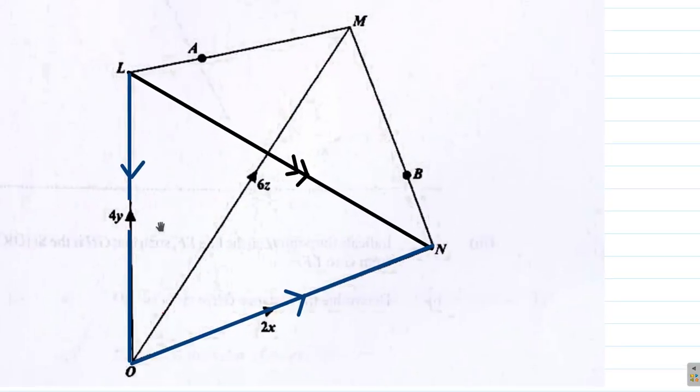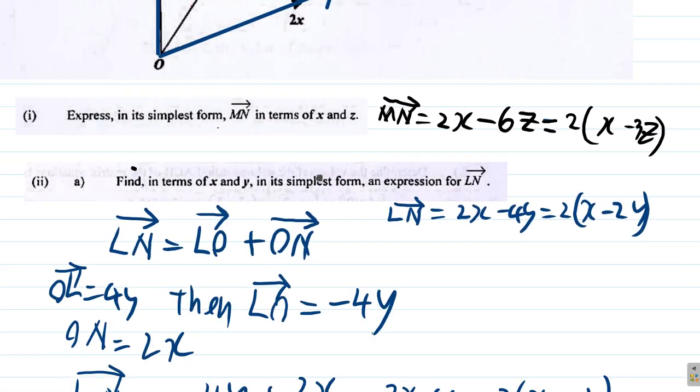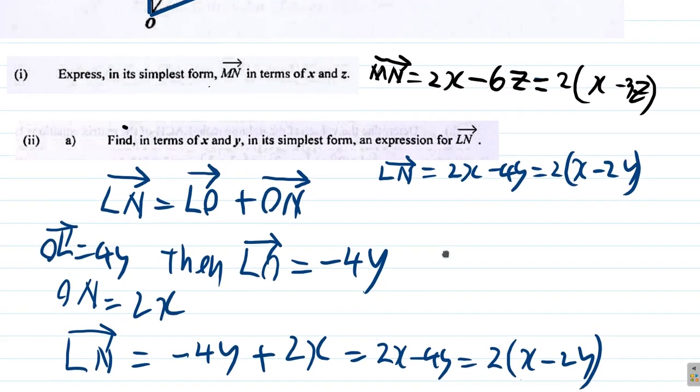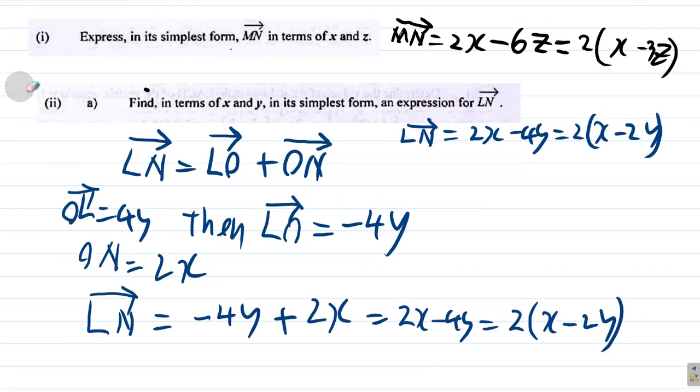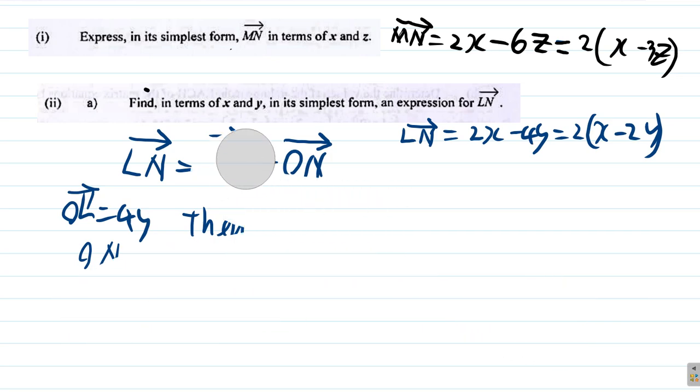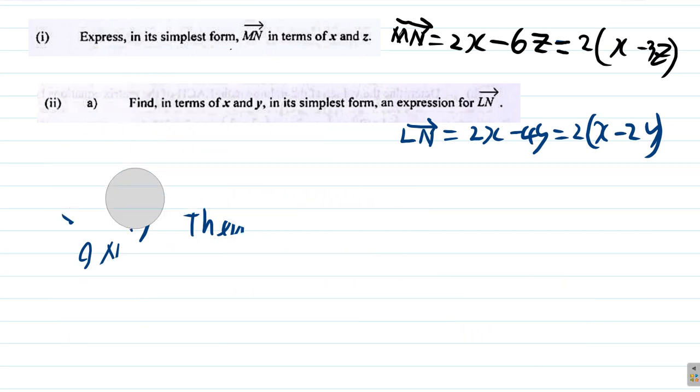LO is negative 4y. ON is 2x, so it's negative 4y plus 2x, which is the same as 2x minus 4y. Okay, so there you have that. Let's erase the work that we have to make space, and then we continue.